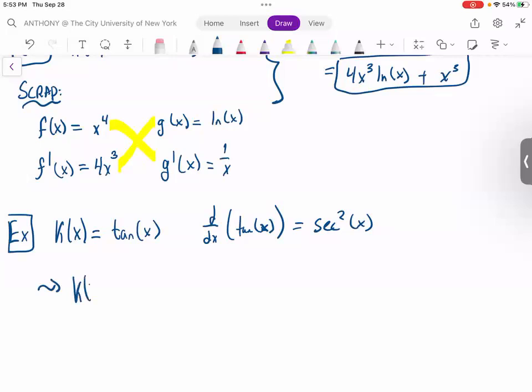So k of x, which is equal to tan of x, can be first rewritten as sine of x over cosine of x. This is what we call the quotient identity from trig.